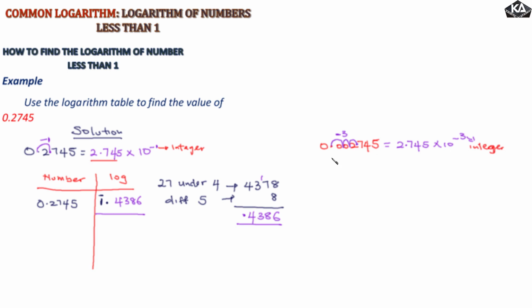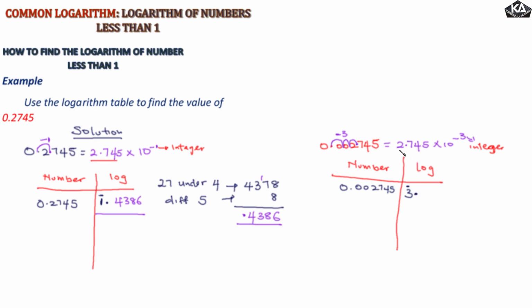Now let's draw the table, the log. I use the previous number so that we will quickly resolve it. This is 0.002745. Now the first thing you bring down is the integer, that is bar 3, -3, point.